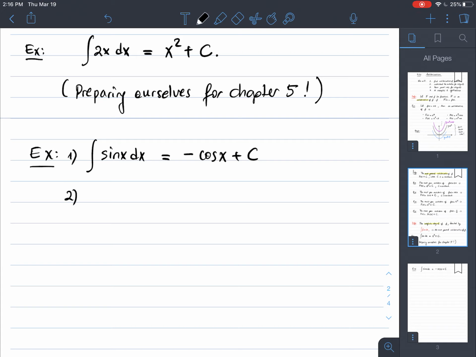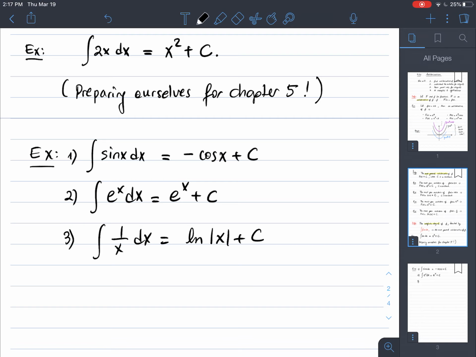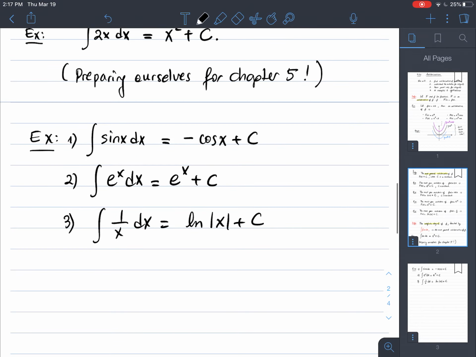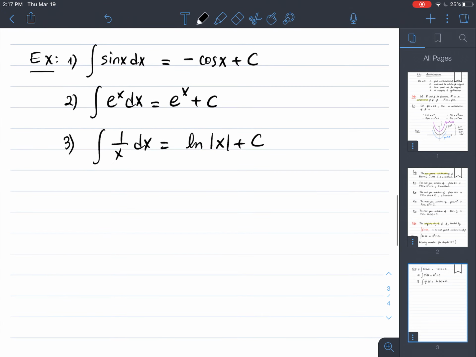So another example, for example, the integral of e to the x dx is again e to the x plus c. And let's say the integral of 1 over x dx is ln of absolute value of x plus c, as we said in the previous examples.